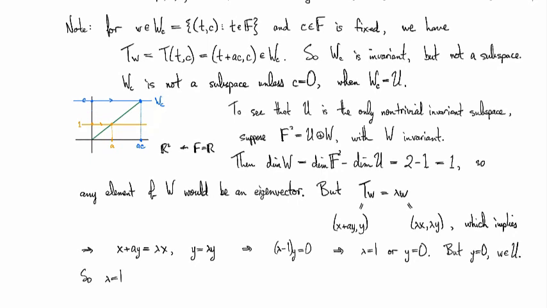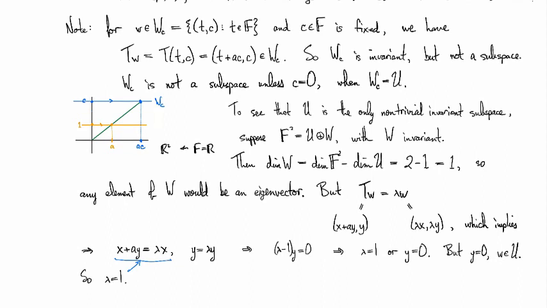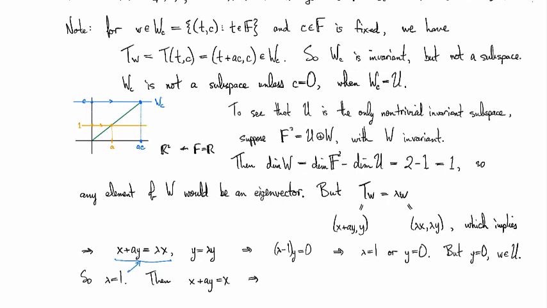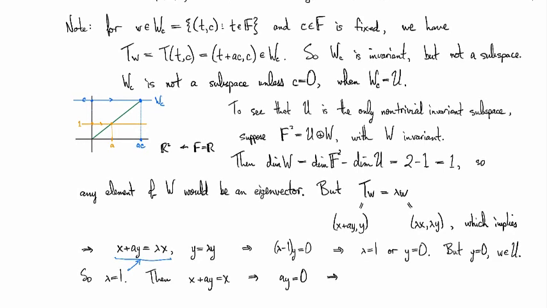So we're looking at lambda equals 1, but then putting that one into the first equation, we see that x plus AY equals x, which implies AY equals 0, which implies a equals 0 or y equals 0, but we started off by saying a is not 0.